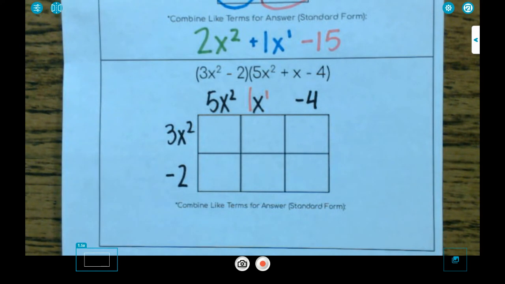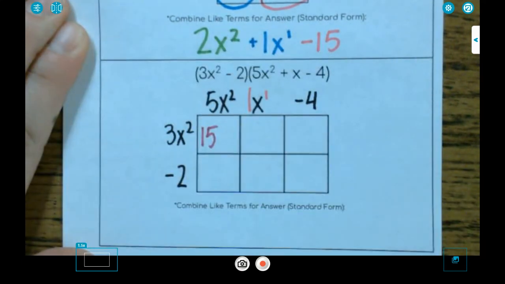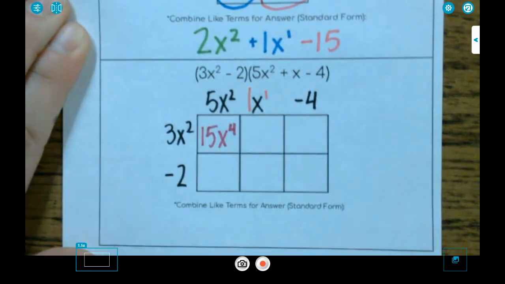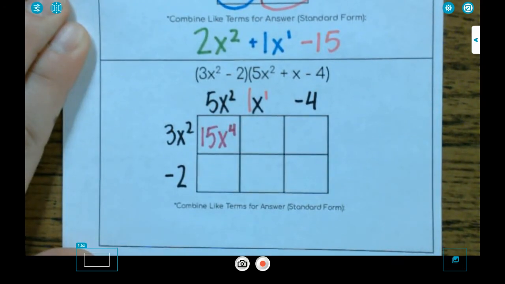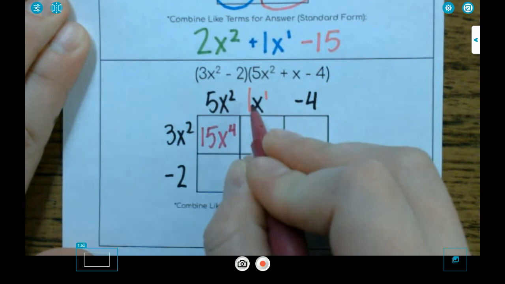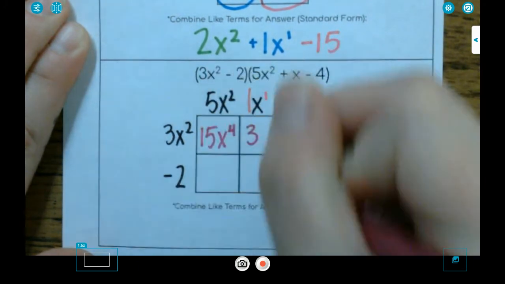And then we start multiplying. 3 times 5 is 15. And then I add my exponents. 2 plus 2 is 4. Three times 1 is 3.